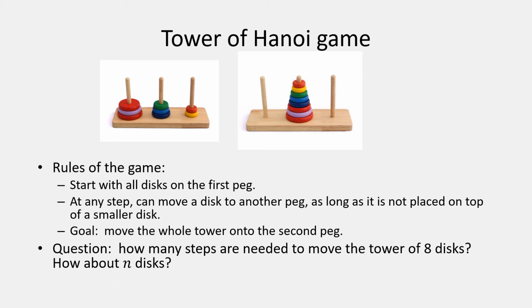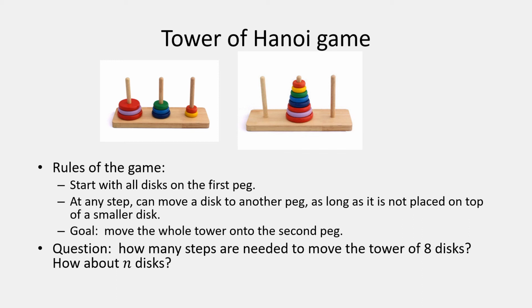You could take a disk from one peg and put it on another one, with the condition that you can never put a big one on top of a small one. You could always put anything on an empty peg, but you cannot put, for example, the red disk in the first picture on the second peg on top of the green one, because the red one in the first picture is bigger than the green one on the first peg.